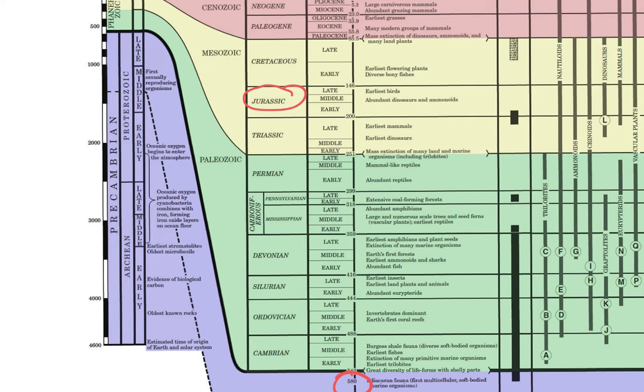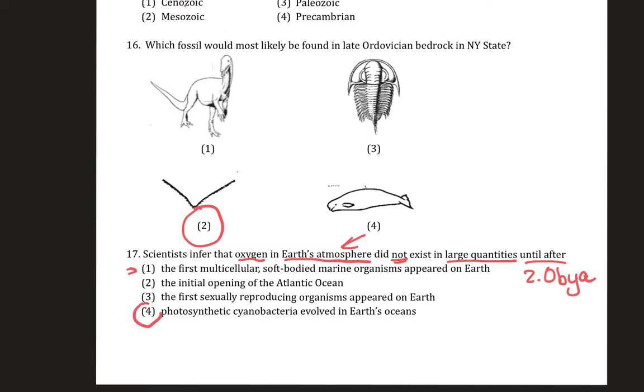Let's see. Photosynthetic cyanobacteria evolved in Earth's oceans. Where's that? It must be back here. There it is. Cyanobacteria are in our oceans. So it seems to me like number 4 must be the correct answer. So there we go.